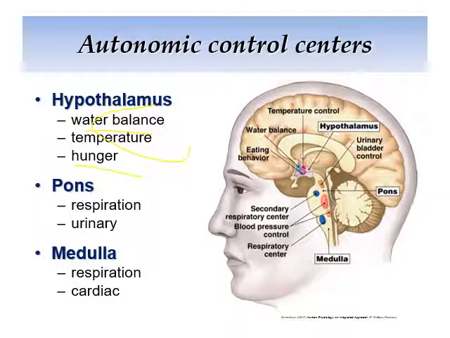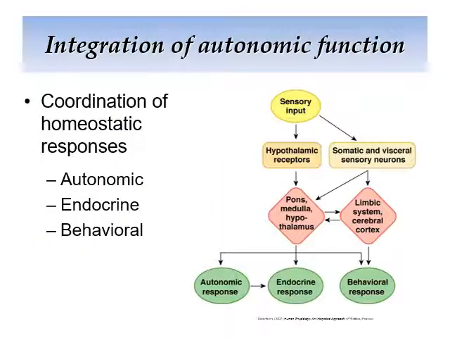The medulla oblongata and pons contain the cardiovascular and the respiratory regulatory centers that control the heart, the blood vessels, and the smooth muscles in the respiratory airways, and regulate the autonomic breathing patterns. The autonomic nervous system works closely with the endocrine system and the behavioral state system to maintain homeostasis in the body.